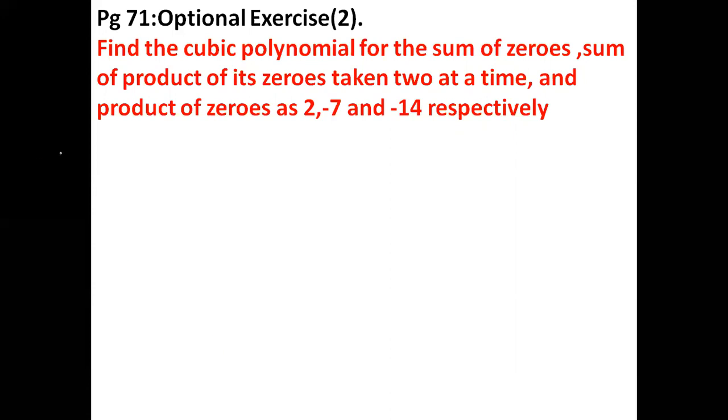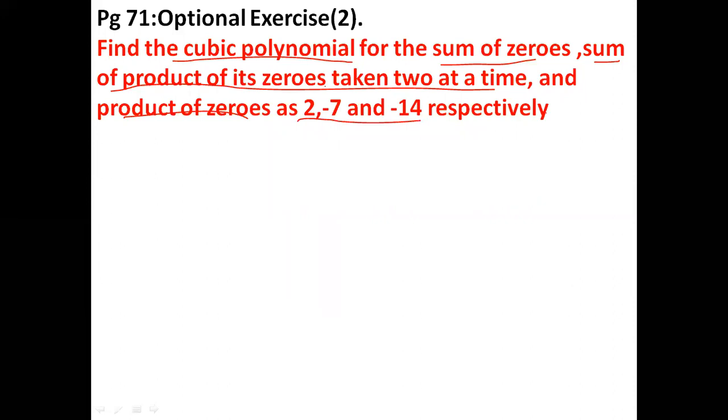If you observe this problem, we have to find the cubic polynomial, where the sum of zeros, the sum of the product of its zeros taken two at a time, and the product of zeros are given, that is 2, minus 7, minus 14 respectively.